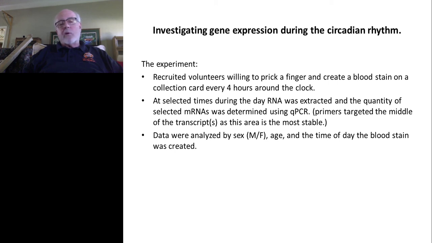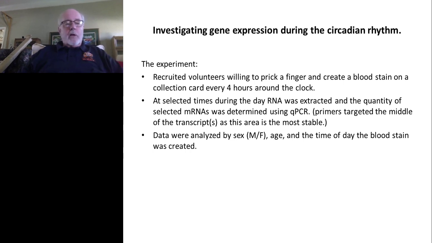In this particular set of experiments, we developed qPCR primers that targeted the middle of each of these transcripts, because from all of our previous research, we knew that that was the most stable part of a messenger RNA, the least likely to be degraded during that 2 hours of storage, or the time between when the stain was created and when the RNA was extracted.